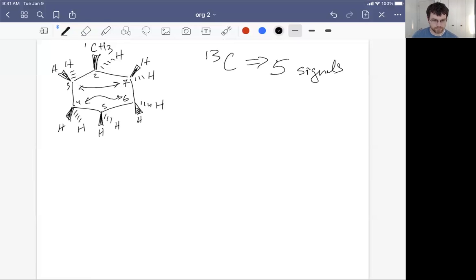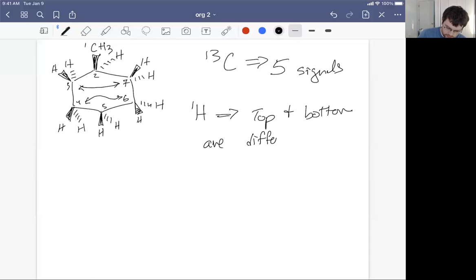Okay. Now, what I'm saying about the 1H atom is that the top and bottom are different. So even if we have a hydrogen on the top and the hydrogen on the bottom of the same carbon, they will be in different chemical environments.